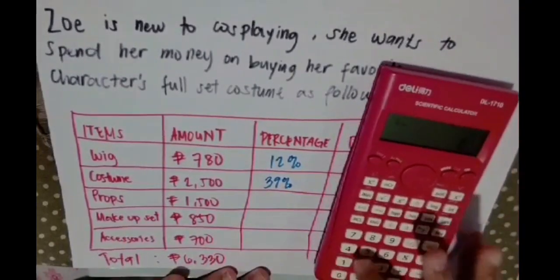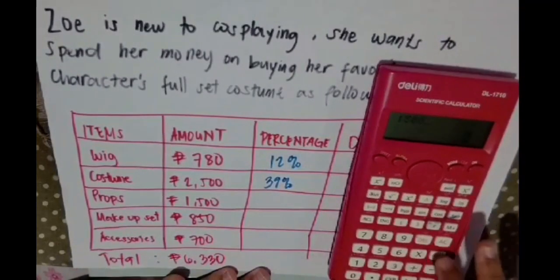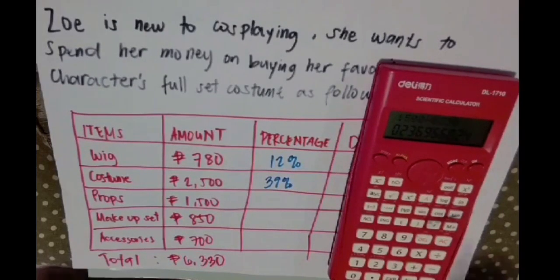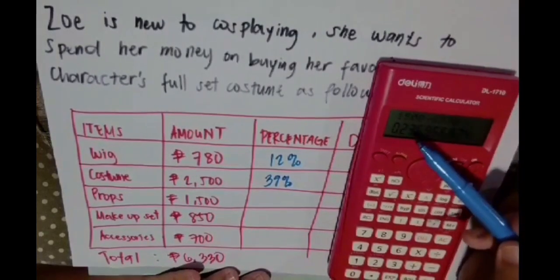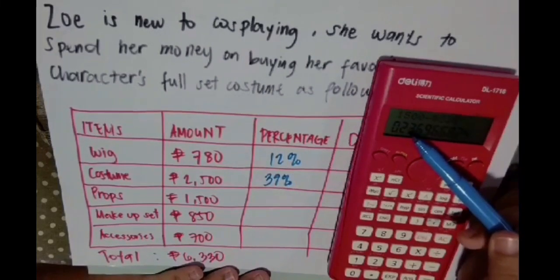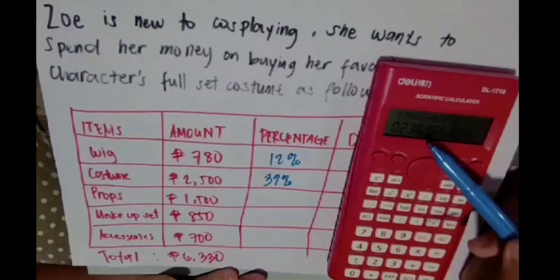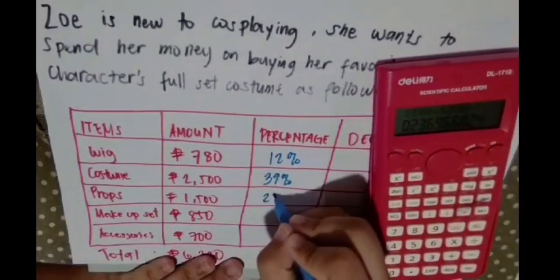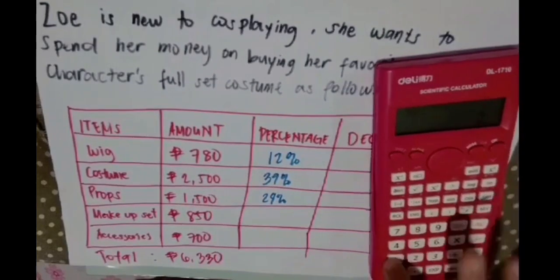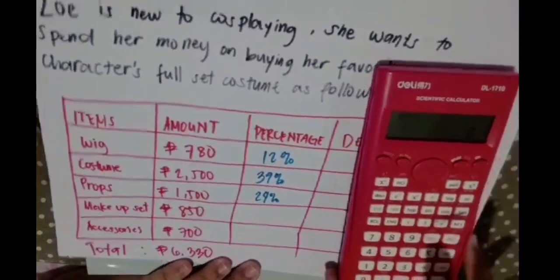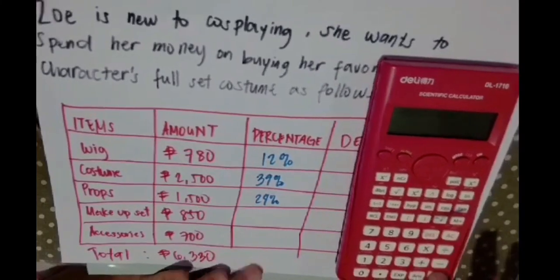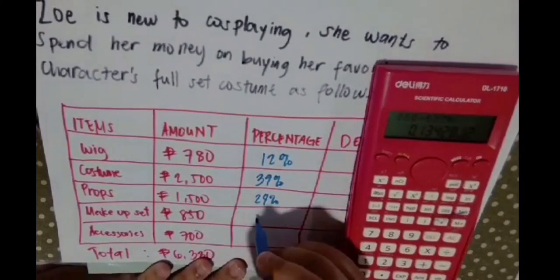And so on for the 1,500 divided by 6,330, that will be 23. We are going to convert 23 to 24 since the 6 is a big number, so it would be 24%. Next is 850 divided by 6,330, that will be 13%.